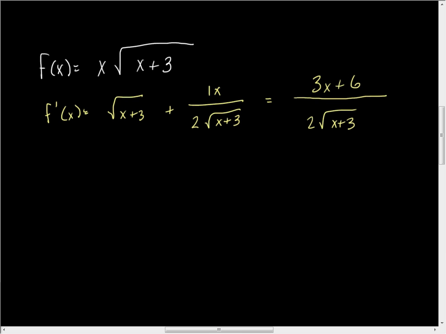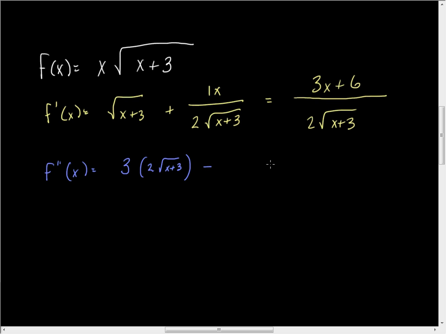Now let's go ahead and take the second derivative. We're going to use the quotient rule this time, but we have to use it in conjunction with the chain rule because of the root. So we take the derivative of the top, which is 3, times the bottom, which is 2 root x plus 3, minus the derivative of the bottom.